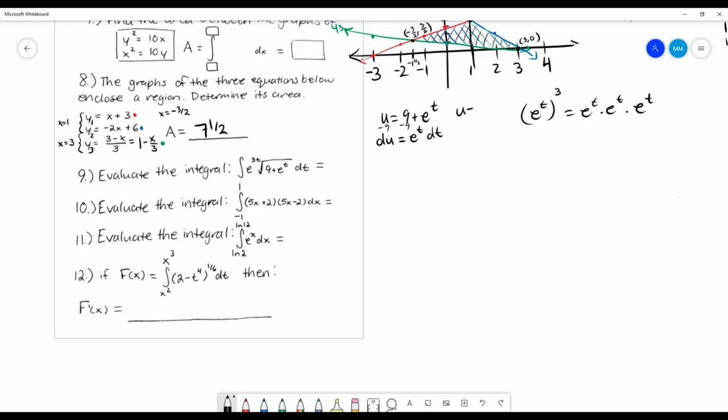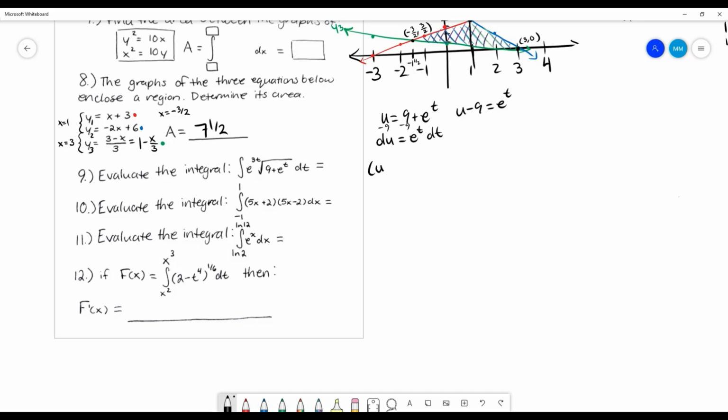That gets me u minus 9 equals e to the t, which is helpful because now I can multiply this to this 2 more times to get that e to the t times e to the t times e to the t, which means I have to multiply this times this twice.